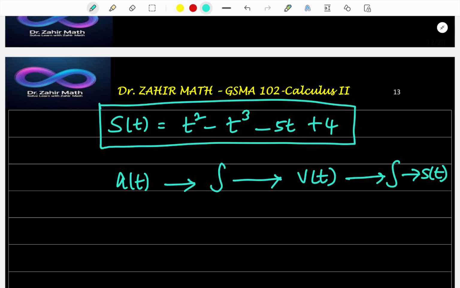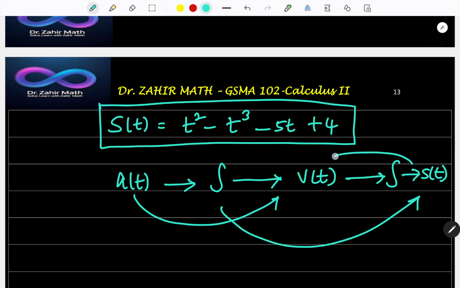If you go in the reverse way, acceleration to velocity, you're going to do what? Integration. And velocity to distance is what? Integration. But if you want distance to velocity, here differentiation. So this idea you wanted to know. That's why we are teaching this question. So there is a connection between distance, velocity, acceleration by derivative and by integration. Okay.